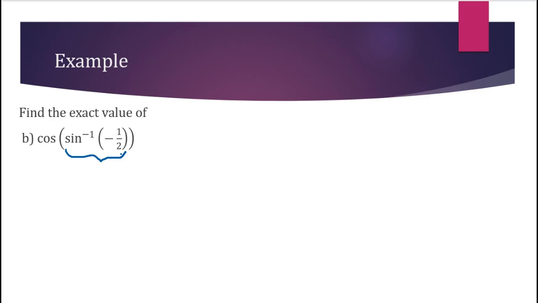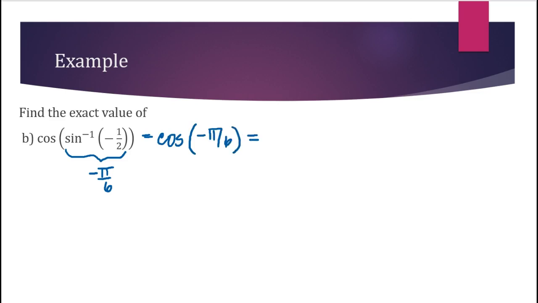So we think about sine of what angle gets me -1/2. It has to be from quadrant 4, so it's going to be the negative pi over 6 angle. So this problem is really asking me to evaluate cosine of negative pi over 6.